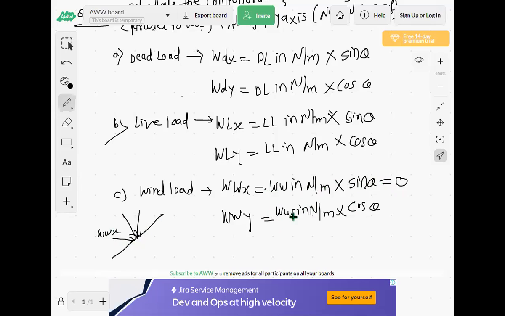So this y value here, wind load. This value is always negative. So show negative signs here. Why?